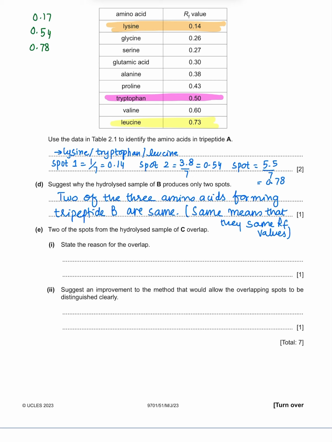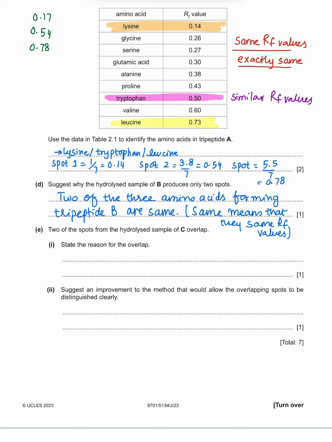Now there is one very important key term that you need to understand, that one is the same RF values, right? And the other important word is the similar RF values. Same refers to having exactly same values, right? So for example, in case of tripeptide B, we are getting 2 spots, and there we can say that 2 of the 3 amino acids are entirely the same.